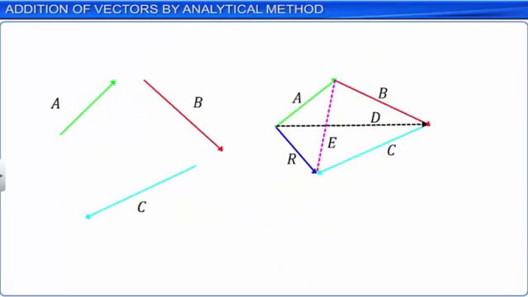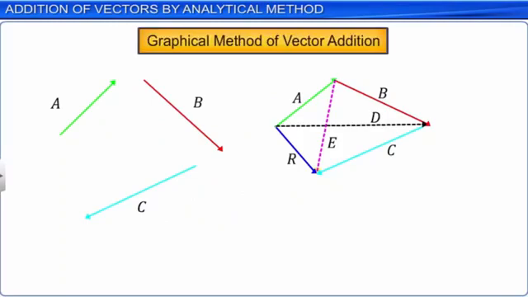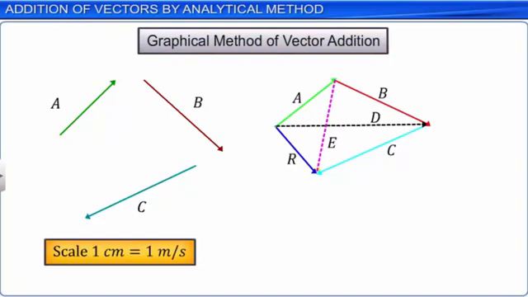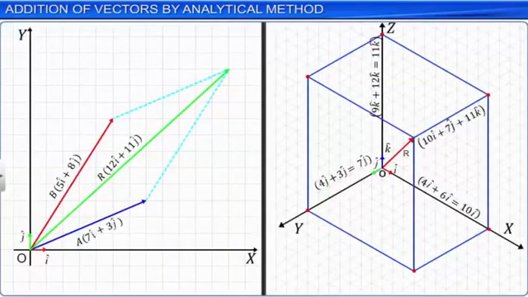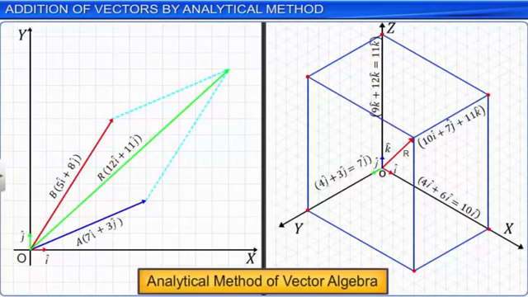Earlier, you learnt about the addition of vectors by the graphical method. The accuracy of the results obtained using the graphical method depends on the scale you chose and your ability to draw exact parallel lines. You can get accurate results using the analytical method of vector algebra.